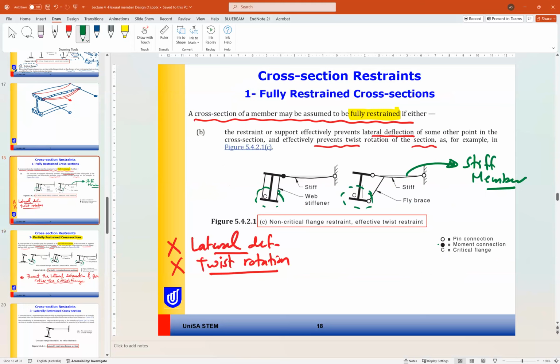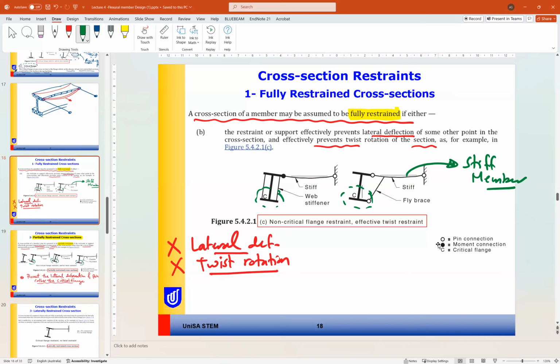So I will repeat this one again, sorry. For the fully restrained cross section, case number 2, the restraint or support effectively prevents the lateral deflection of some other point in the cross section and effectively prevents the twist or the rotation of the section.